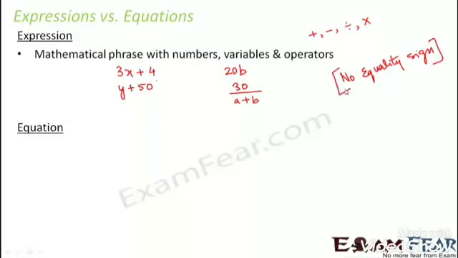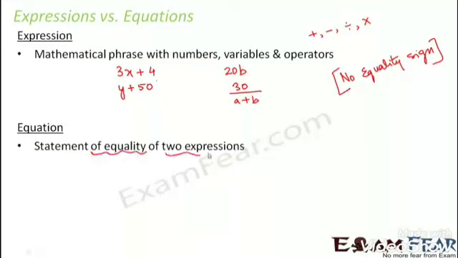But when we talk about an equation, an equation definitely has an equality sign because it is a statement of equality between two expressions. So something of this sort: 3x plus 4, the same expression, when it gets equated to something else, then it is called an equation. Now 3x plus 4 is still an expression, but overall this entire thing is an equation.